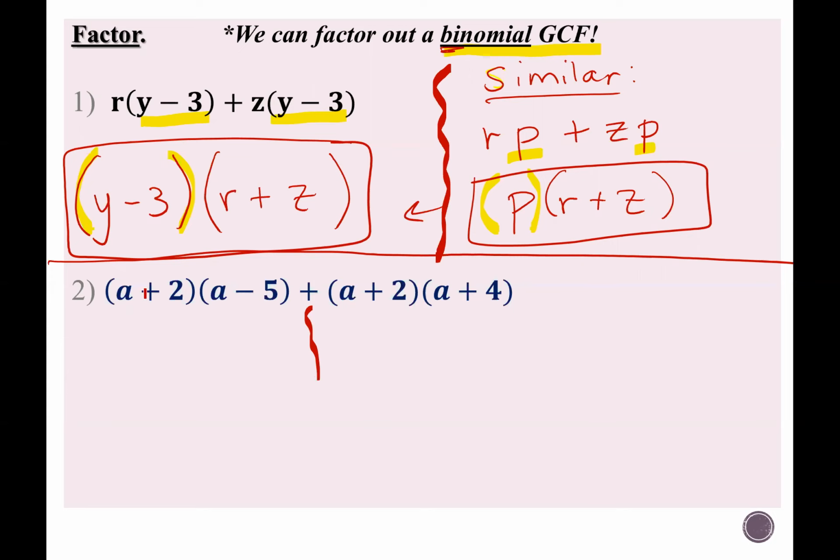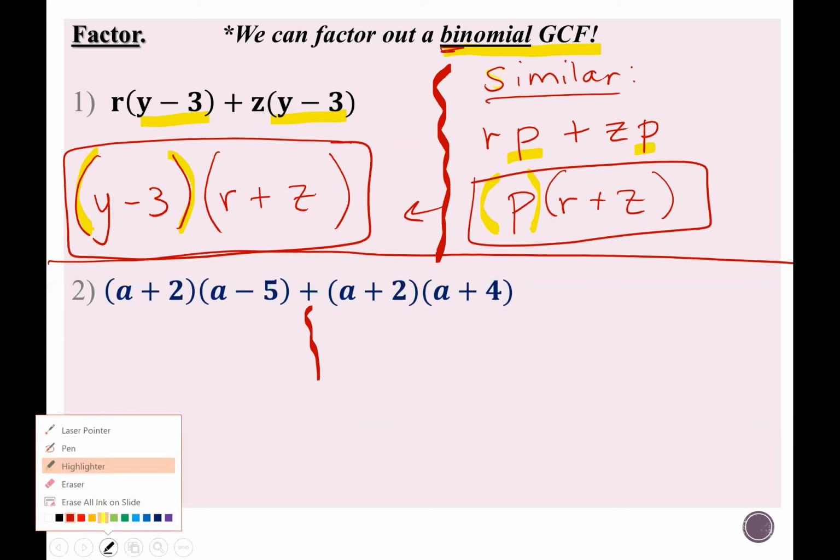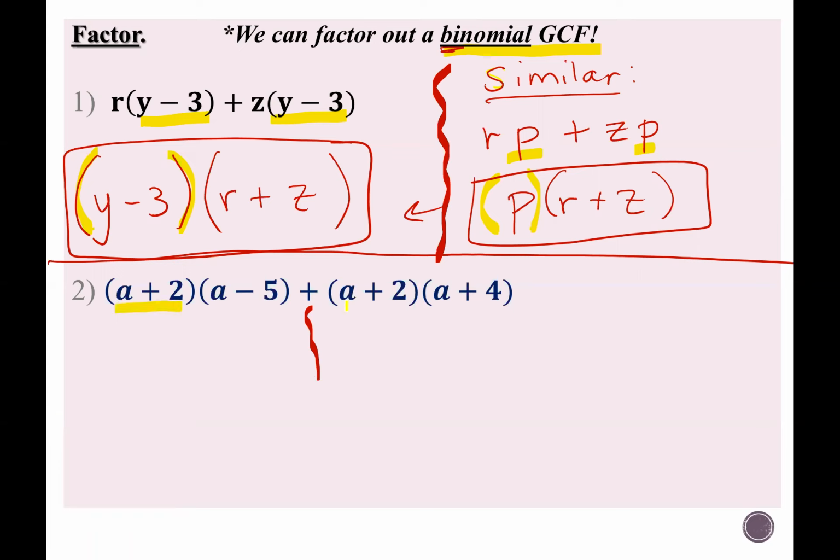What are the parentheses that match, that are the same? This time it's the a plus 2. So when we take out our GCF, it is going to be a plus 2.